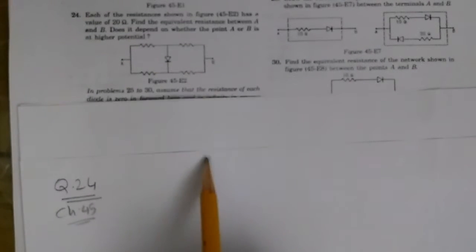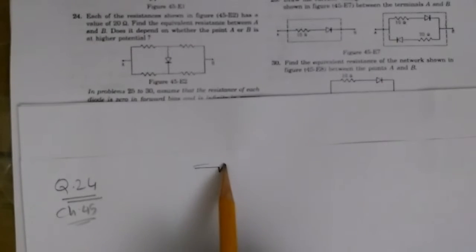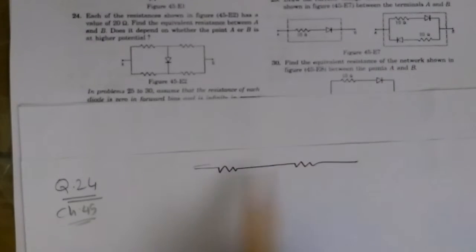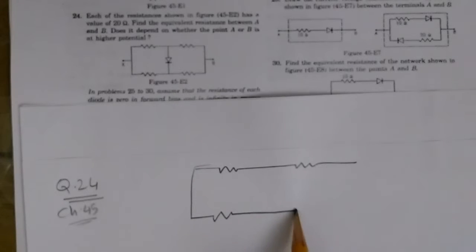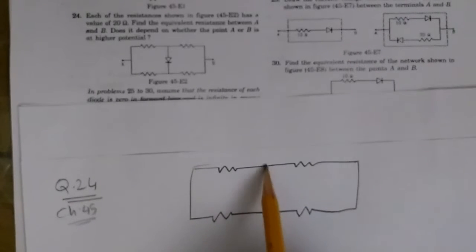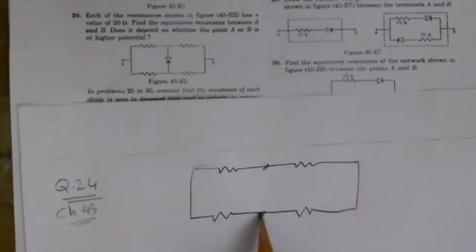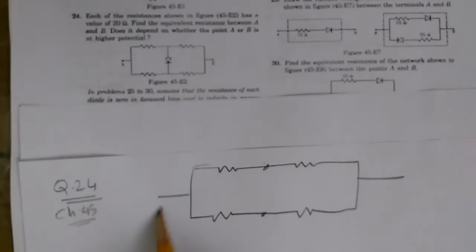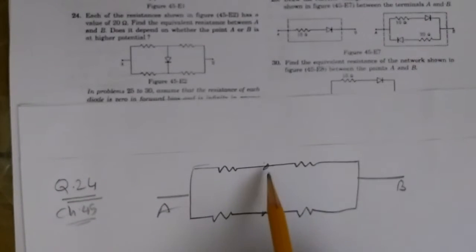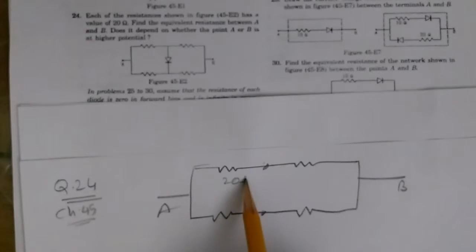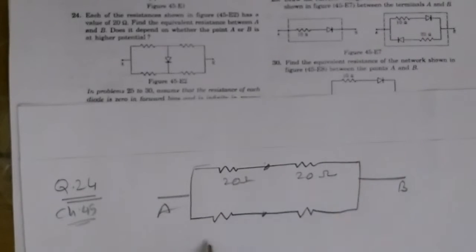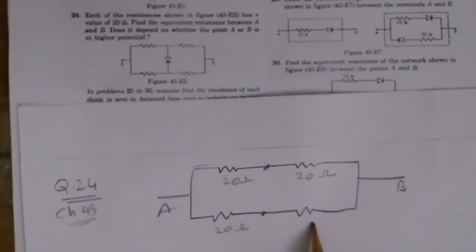So basically, we have a resistor here and another resistor here, and we need to focus on these 2 points, point A and point B. These resistors are all equal, and this is very important. There is a reason why they have been drawn equal.